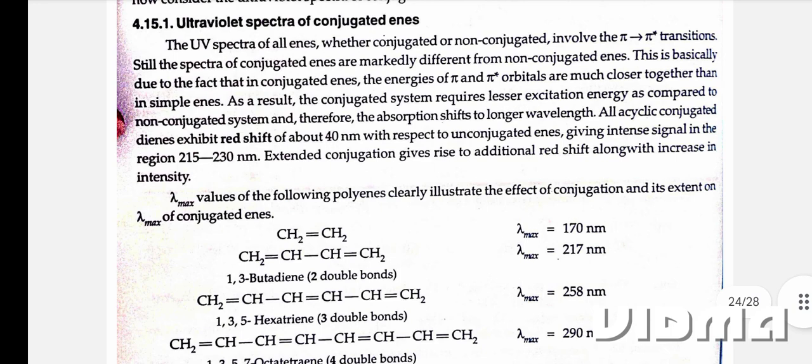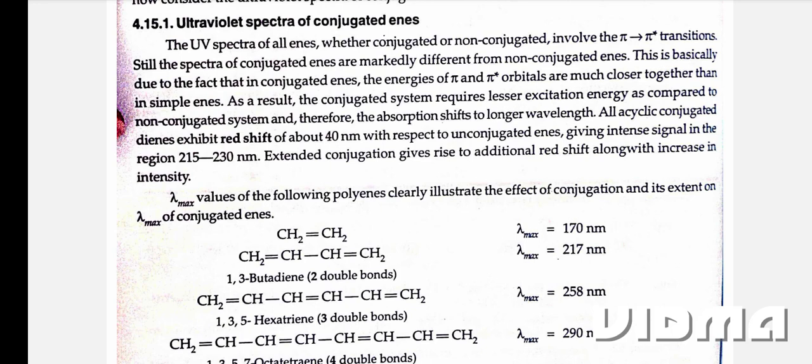Ultraviolet spectra of conjugated enes. The UV spectra of all enes, whether conjugated or non-conjugated, involve the pi to pi star transitions. Still, the spectra of conjugated enes are markedly different from non-conjugated enes. This is basically due to the fact that in conjugated enes, the energies of pi and pi star orbitals are much closer together than in simple enes.